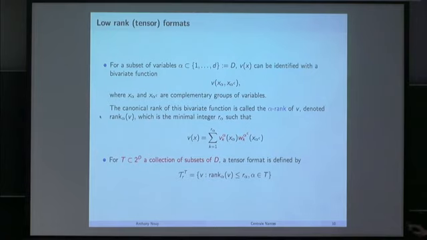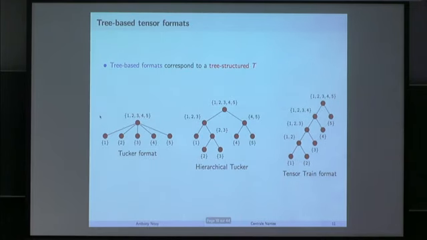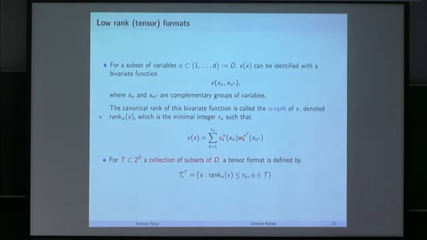So if you do it completely arbitrarily, you arrive at something that you cannot parameterize explicitly, but in a specific situation, which was presented by Lars, where T has a tree structure, then in this case, we know an explicit parameterization of functions that live in this set.